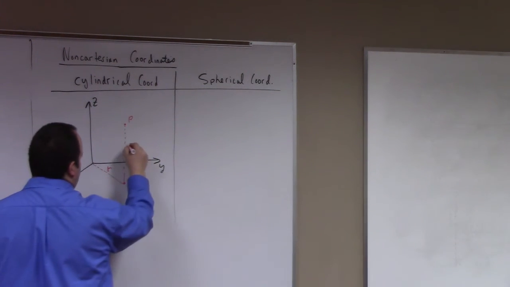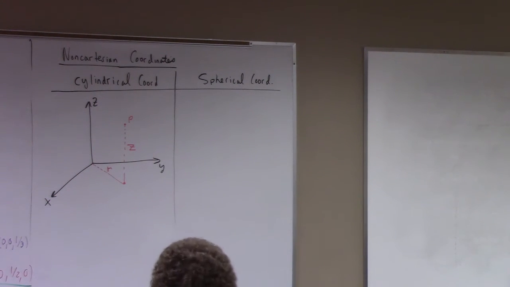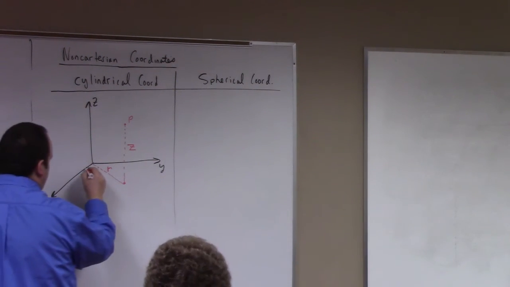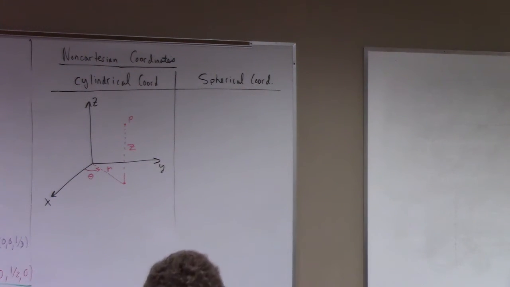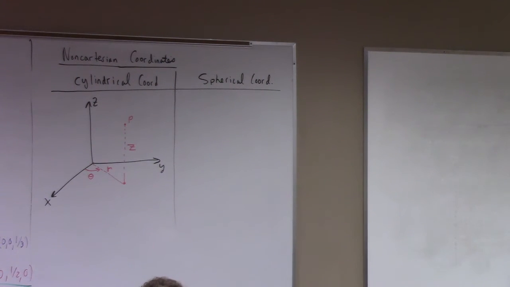The height of that is z. And the angle that you sweep out in the xy plane in the counterclockwise sense from the positive x-axis is what we call theta. In other words, cylindrical coordinates are the polar coordinates that you learned last semester in Calculus 2 here with z stuck on them. That's cylindrical coordinates.